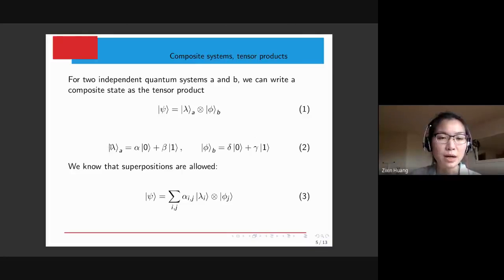So |λ⟩_A could, for example, be an arbitrary superposition α|0⟩ + β|1⟩, and |φ⟩_B can be an arbitrary state with the coefficients δ|0⟩ and γ|1⟩. Just a reminder that α, β, δ, and γ can be arbitrary complex numbers. We know that superpositions are allowed, so we're allowed to sum over the coefficients.